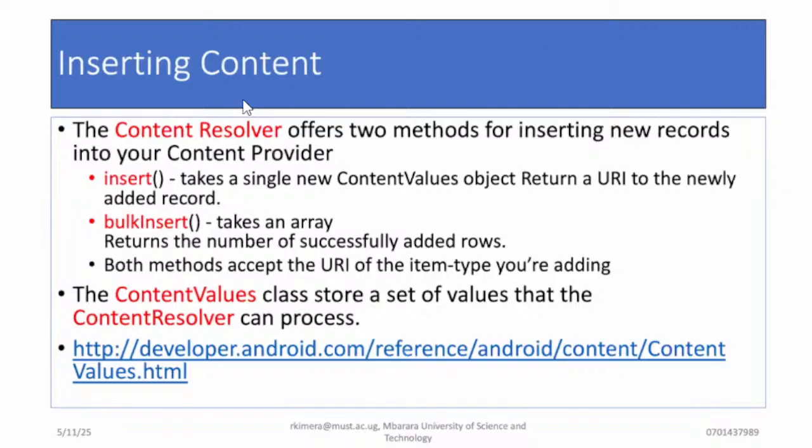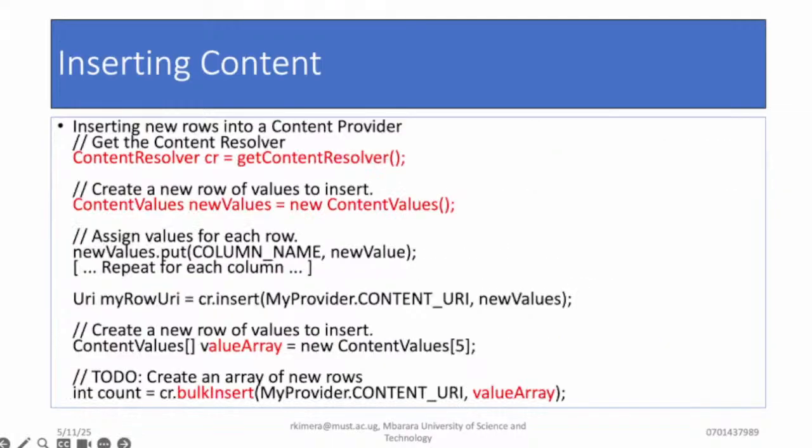And maybe what I can only talk about is as you add information, you can decide to add information just by calling insert, because insert helps to add information, or bulk insert if you have an array of content that you want to add. Yes, inserting new records, get the content resolver.